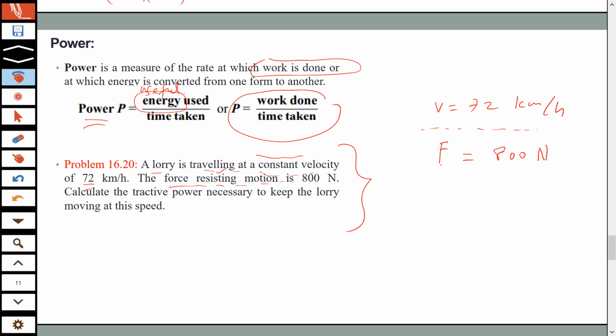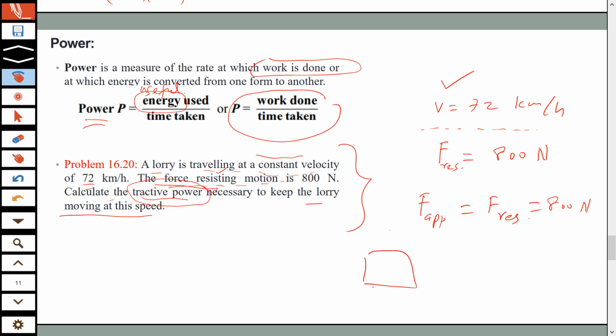Resistive force. So for the velocity to be constant, the applied force must equal the resistive force in magnitude. They must be opposite in direction. So the applied force will also be 800 newtons and the net force is 0. Calculate the tractive power necessary to keep the lorry moving at constant speed. तो लॉरी को जो ट्रैक्टिव पावर चाहिए, let's say this is input power Pin, वो कितना चाहिए?